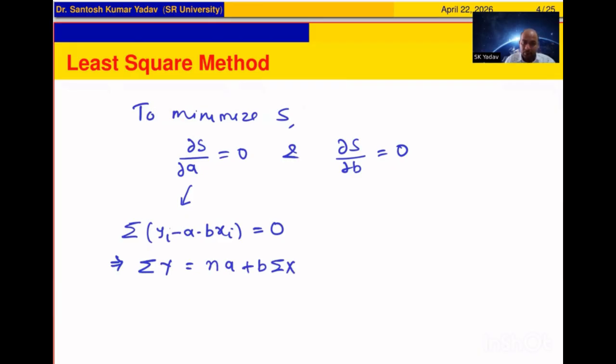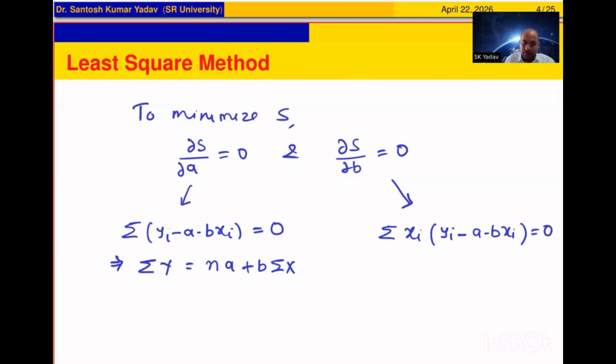And if I go on the right side for this second one and do that, then I have summation xi into yi minus a minus b xi equal to 0.